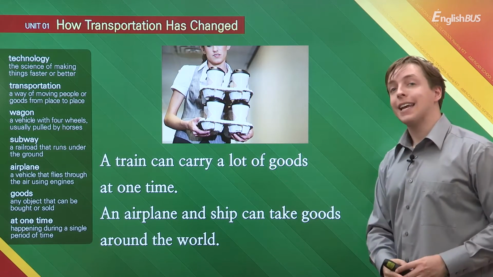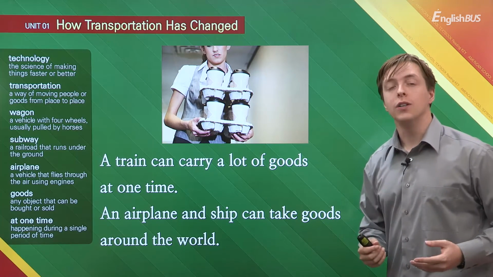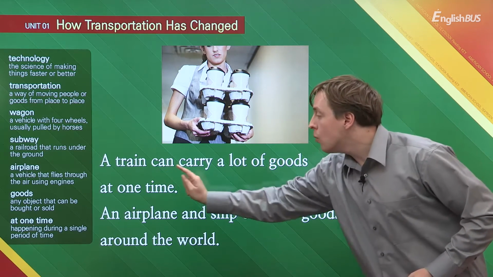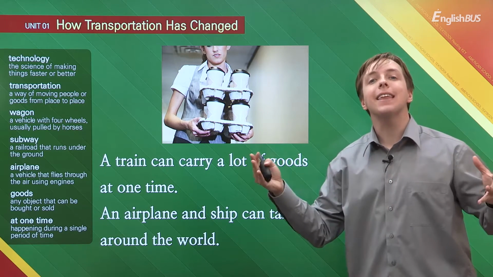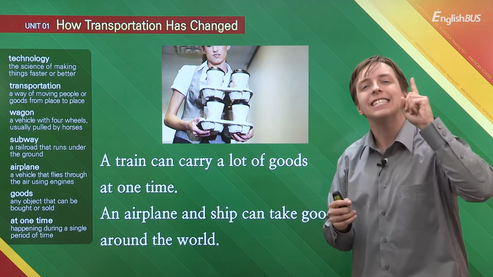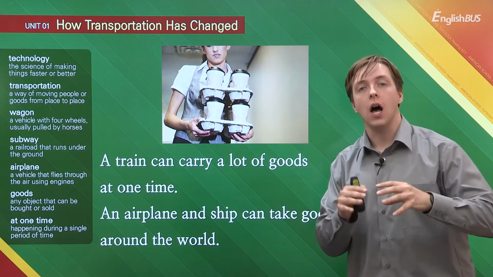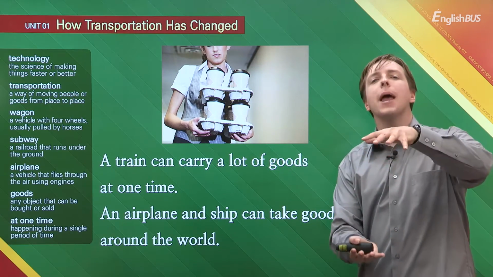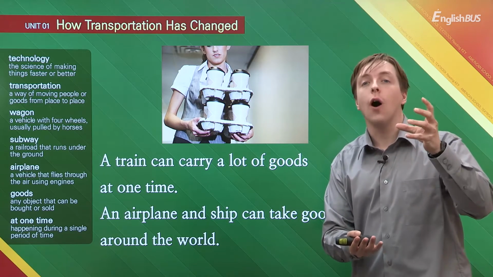A train can carry a lot of goods at one time. Remember that at one time means many things happening during a single period of time. Remember this woman here. She's carrying many cups of coffee.